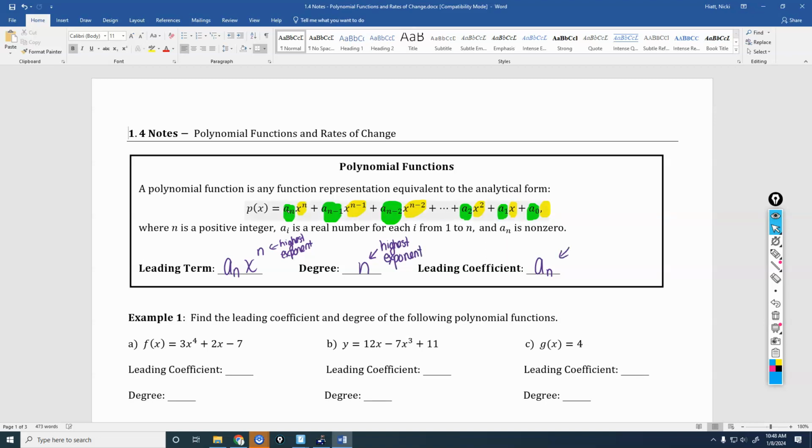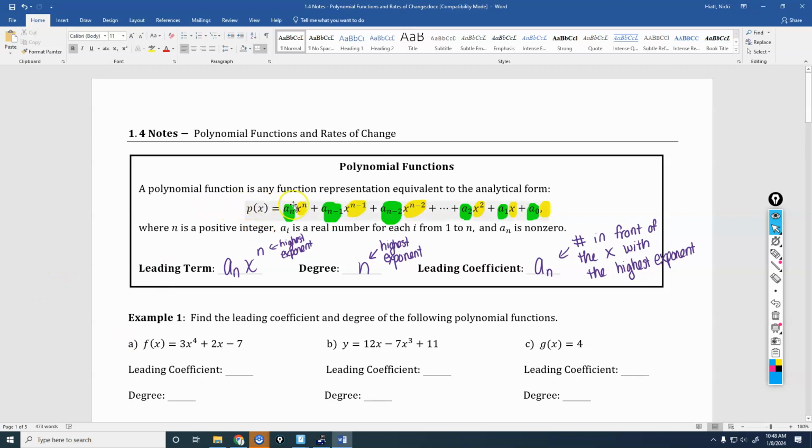And the A sub n is the number in front of the x with the highest exponent, right?